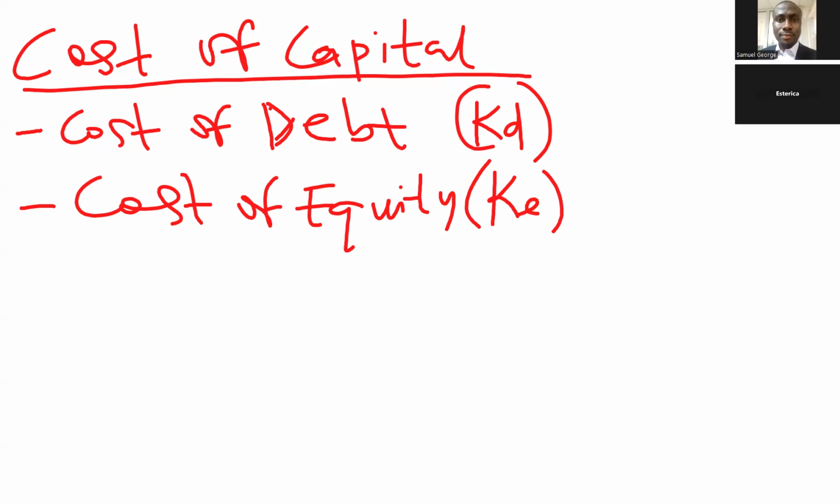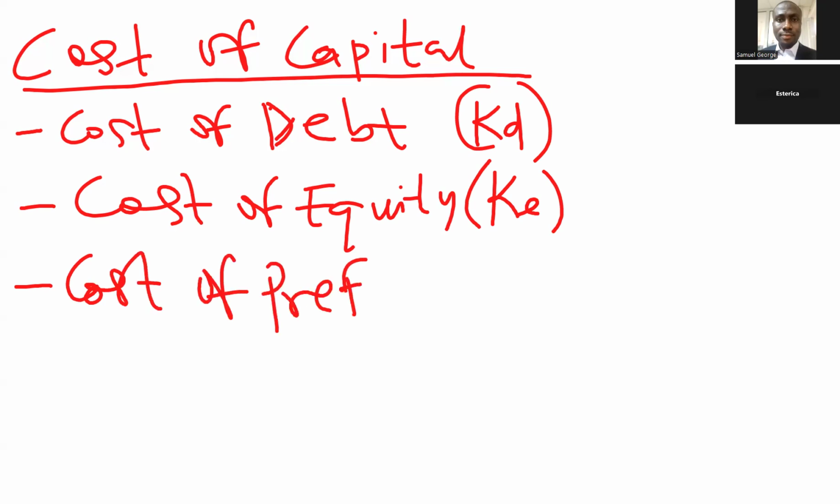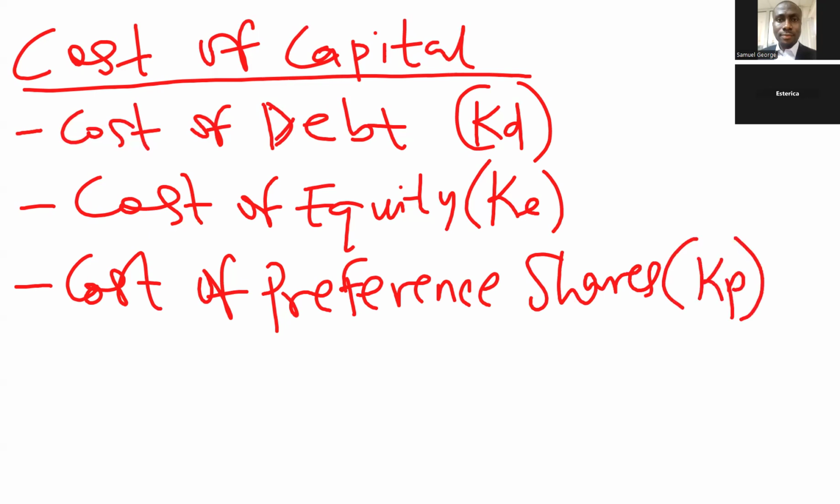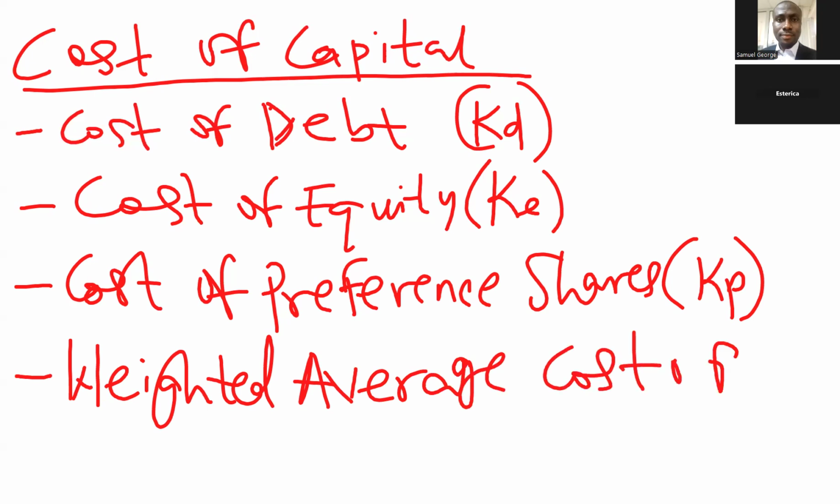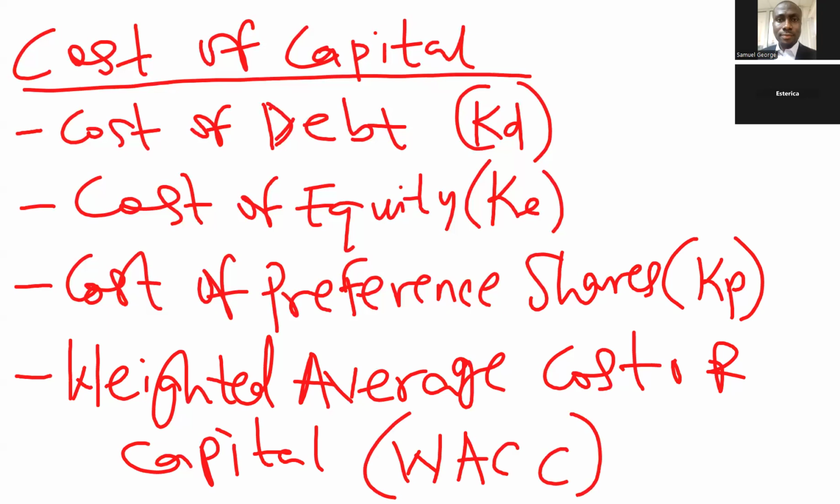We are referring to cost of preference shares, KP. Then lastly, we're referring to weighted average cost of capital. That is WACC, weighted average cost of capital.